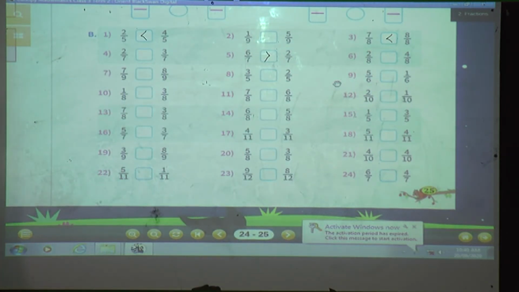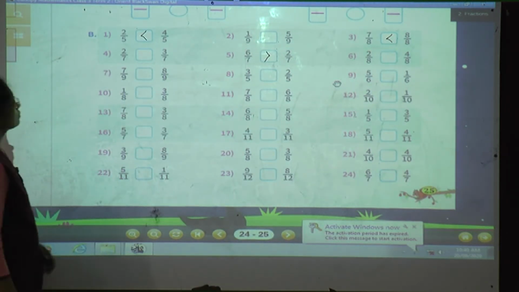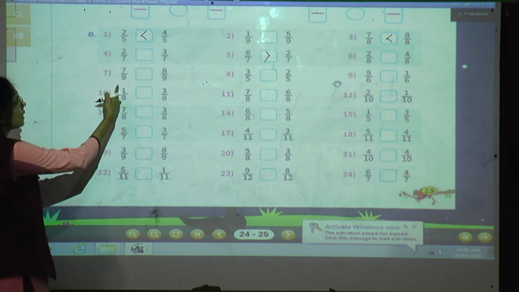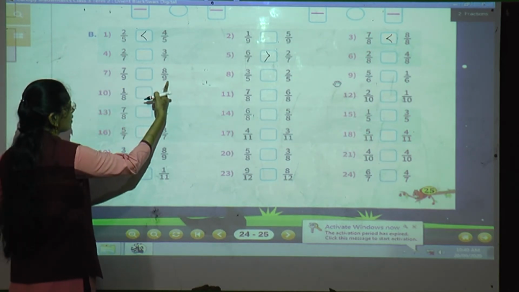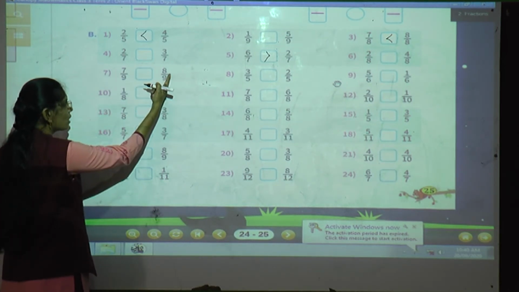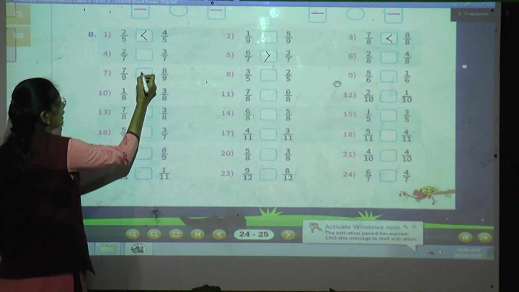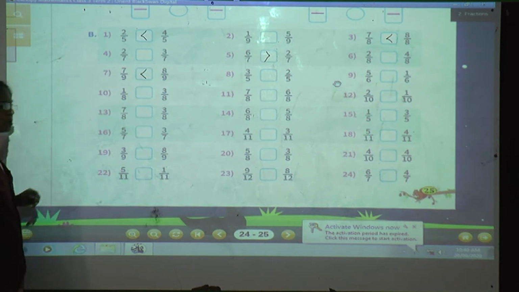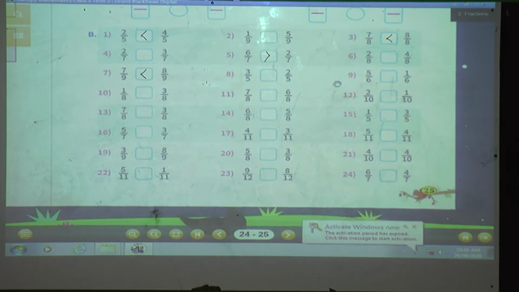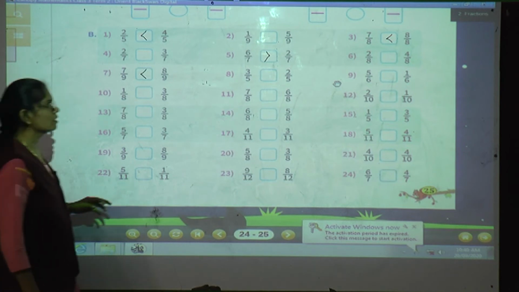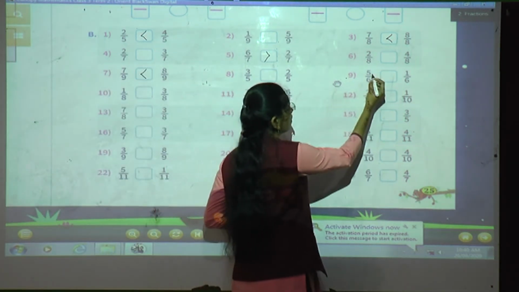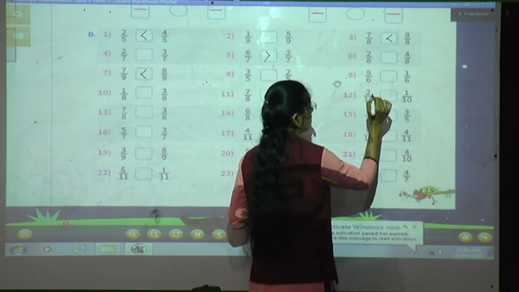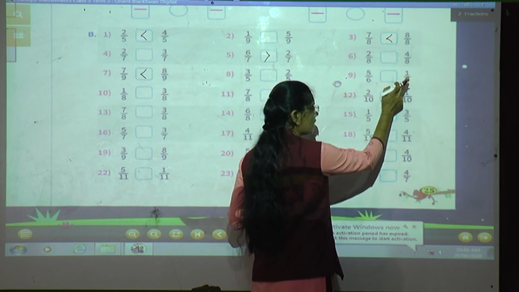Then we'll move to the seventh one. 7 by 9 and here 8 by 9. 7 and 8, do the comparison. Which one is greater? 8 is greater than 7. So 8 by 9 is greater than 7 by 9. Then see this ninth one. 5 by 6, 1 by 6. Yes, 5 is greater than 1.